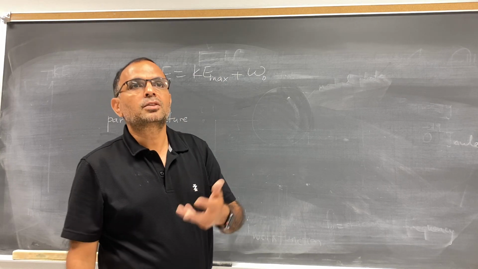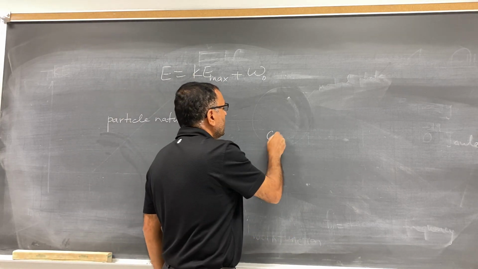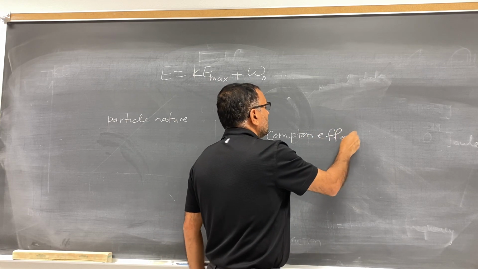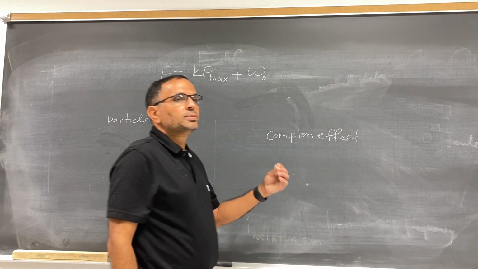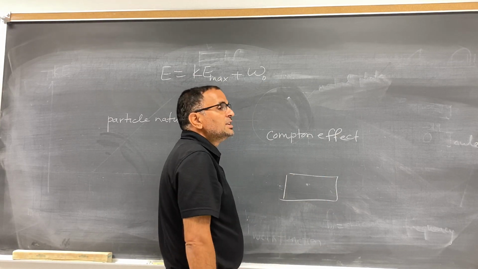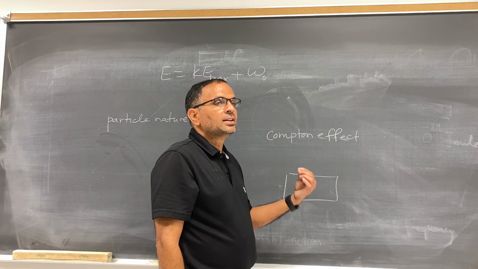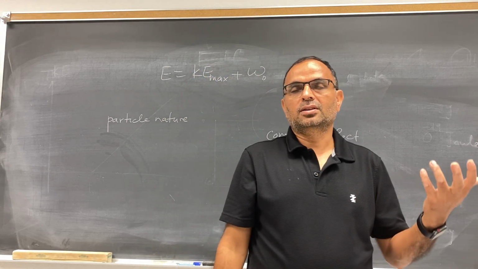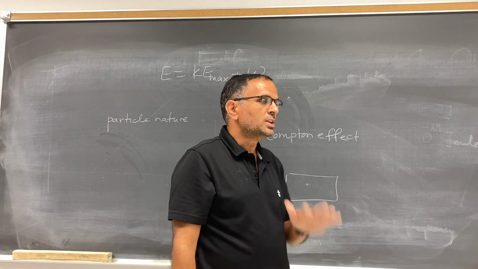And there is another effect also, we call the Compton effect. We do not talk about this here. Simply, the Compton effect is when light strikes a metal surface, and the photon is scattered. But you don't need that here.